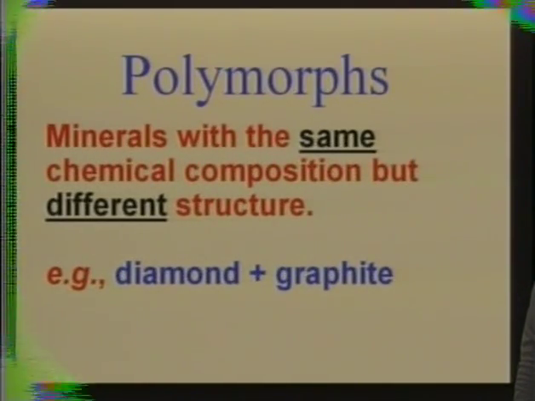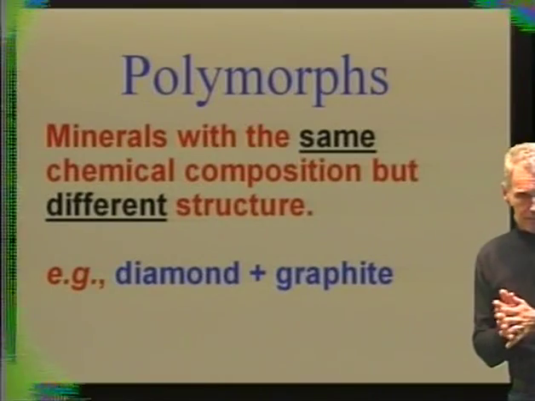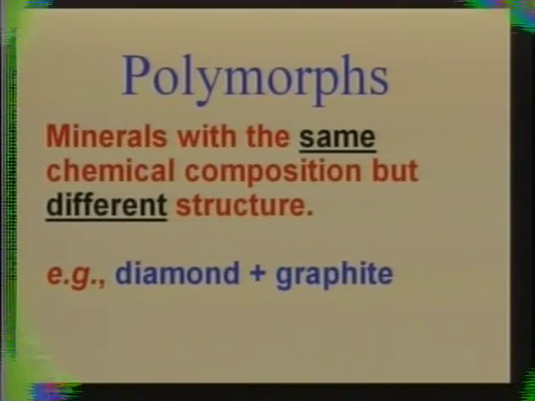An example being diamond and graphite. They're both made of the element carbon, but under different conditions, especially pressure, you can change the form of one thing to another and create two different kinds of mineral shapes, one very soft and one very hard, of the same composition.